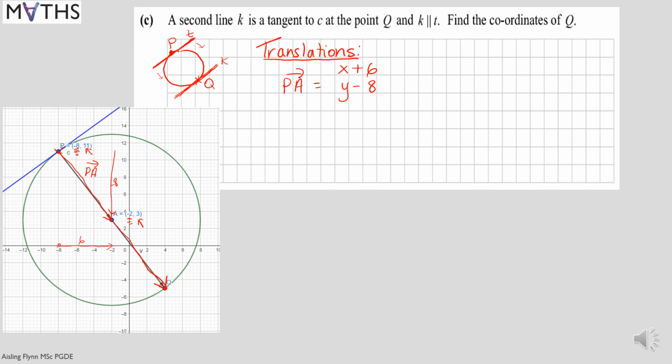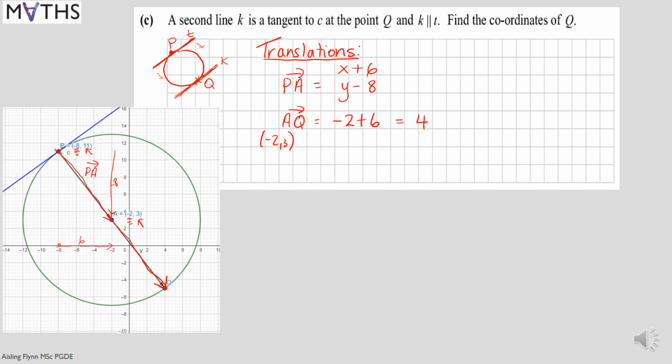Now we're going to, as I said, repeat that movement, and we're going to translate the point A to the point Q. So repeating that same movement. We're starting at point A, if you recall, is minus 2, 3. So we'll have to take the x value, minus 2, and we have to increase it by 6. Minus 2 plus 6 equals plus 4.